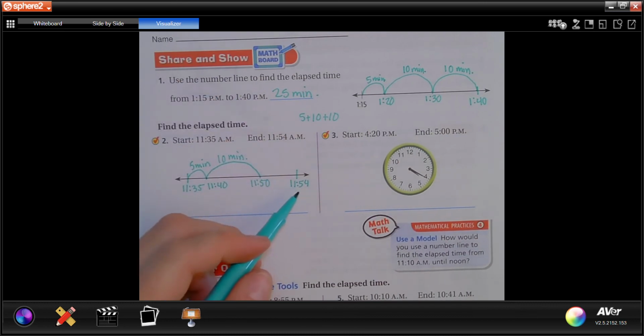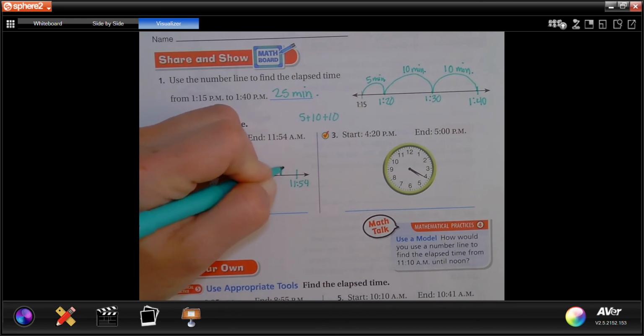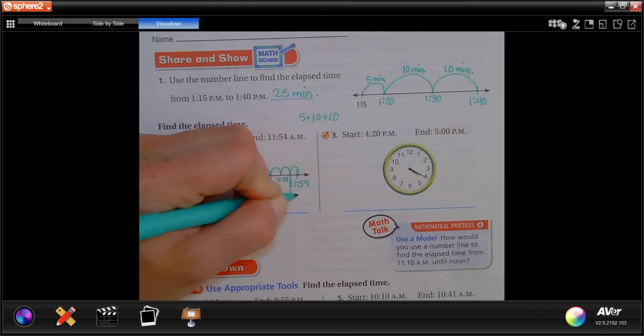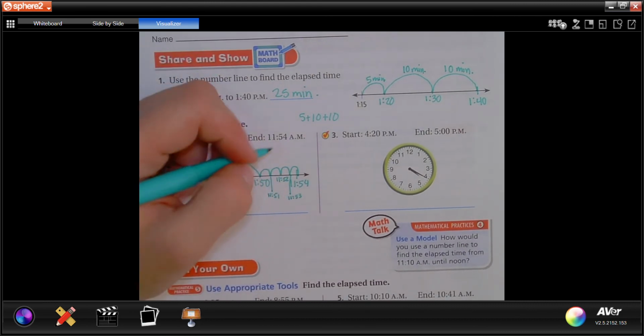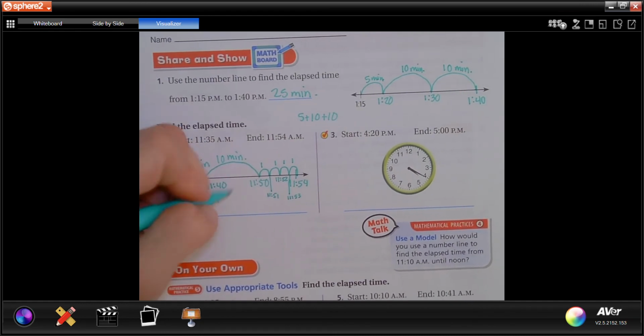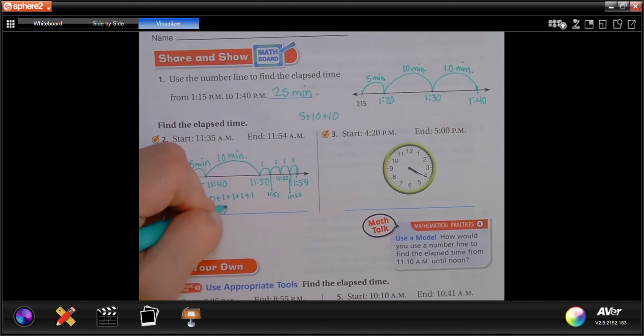Then we can't go 5 more because we'll go too far, so let's do 1 minute increments. So 11:51, 11:52, 11:53, 11:54. Okay, so I'm going to write down here 11:51. This is 11:52. This is 11:53. And that's 11:54. So that's 1 minute, 1 minute, 1 minute, 1 minute. Okay, so 5 plus 10 is 15. Then we'll do 1, 1, 1, 1, 4 times. 1, 2, 3, 4. So 5 plus 10 is 15, 16, 17, 18, 19. 19 minutes.